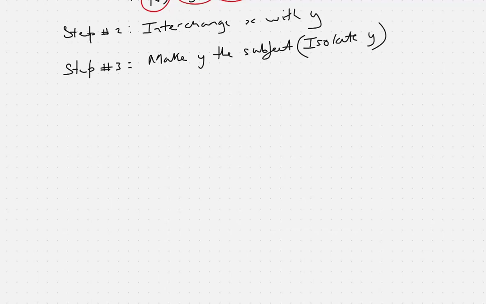So, f of x is equal to 5x minus 3. Find f inverse. Simple. Now, we must find f minus 1 of x.